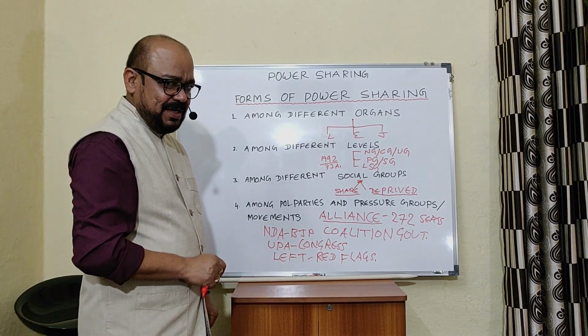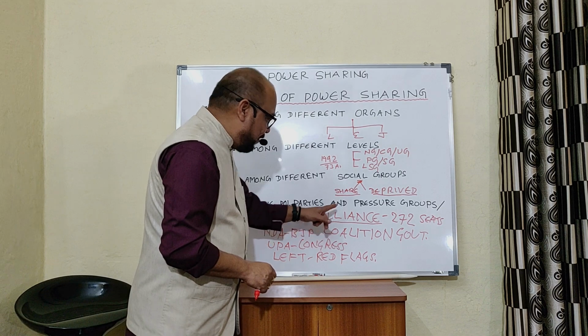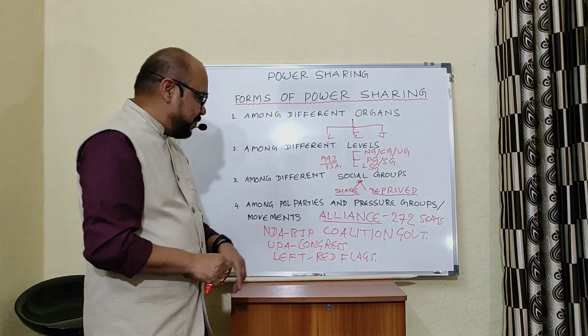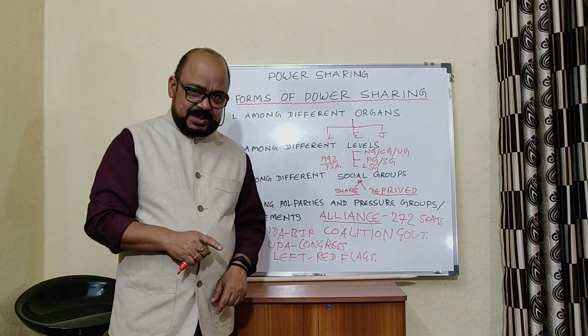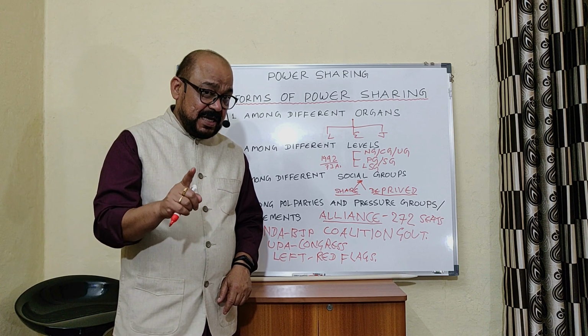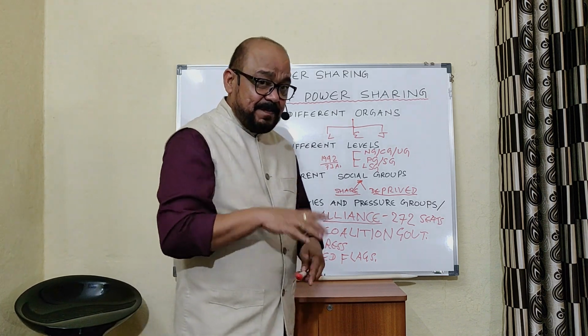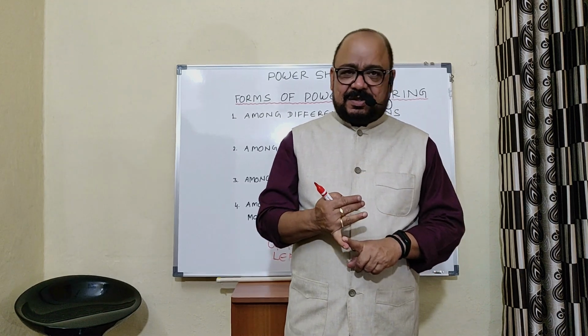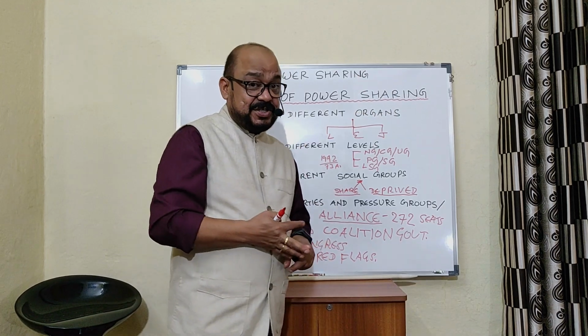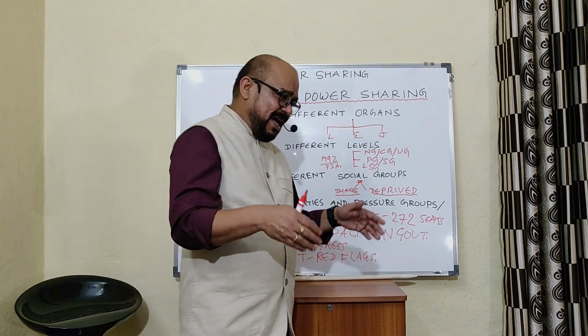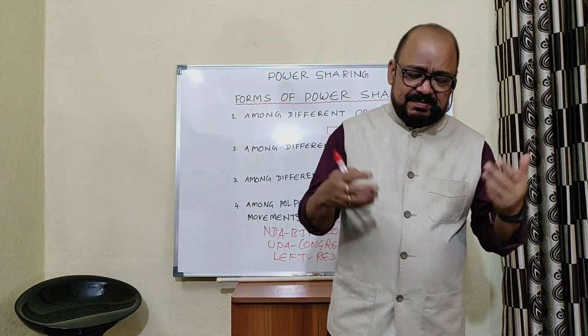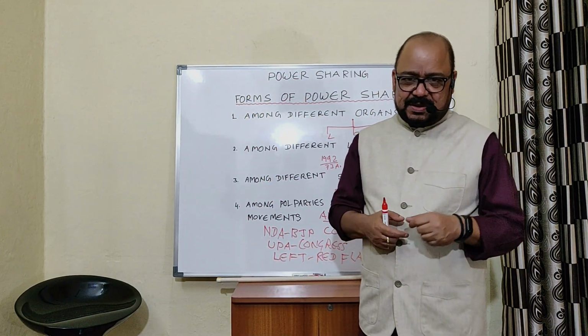One more thing, children, and that is power sharing among different pressure groups and political parties. Remember, pressure groups like Akhil Bharatiya Vidyarthi Parishad, All India Trade Union Congress, and like that there are many pressure groups.